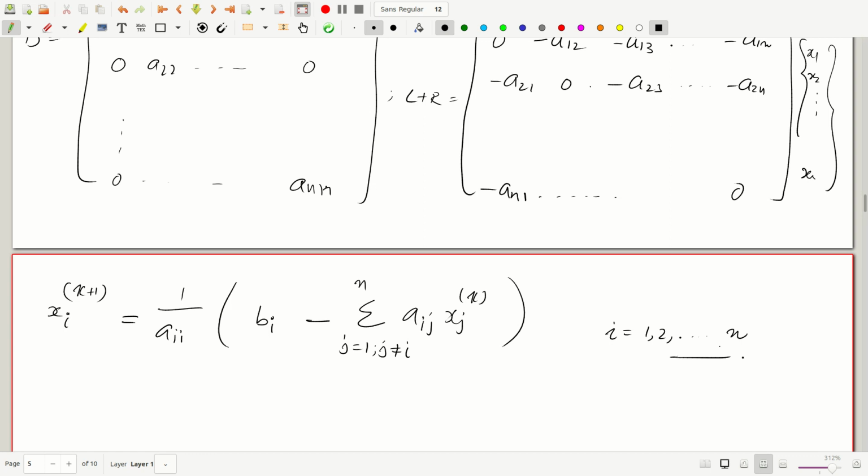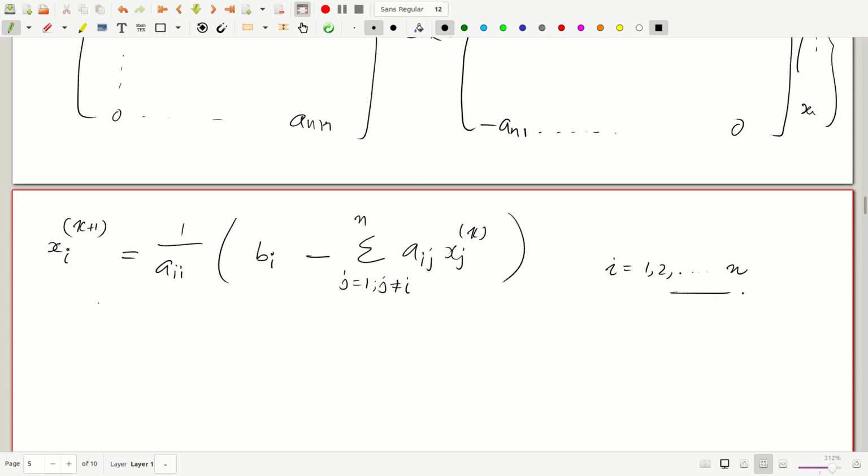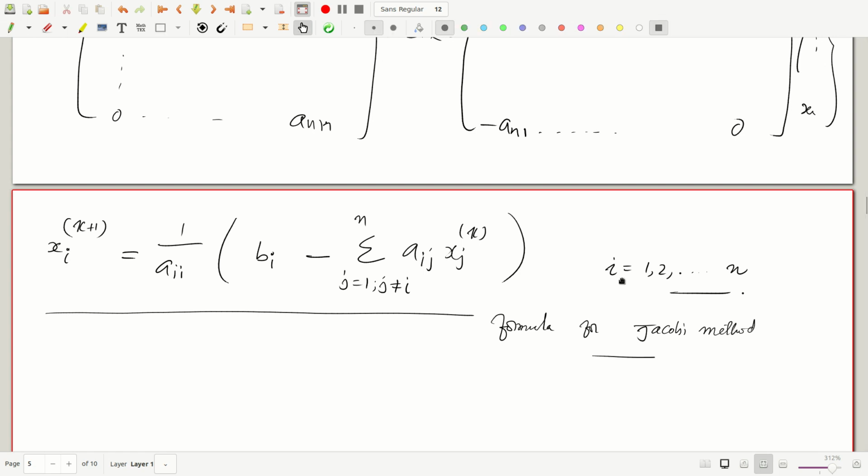So that is essentially the formula for the Jacobi method, for the entire range going from 1 to n, where the size of the matrix is n by n.